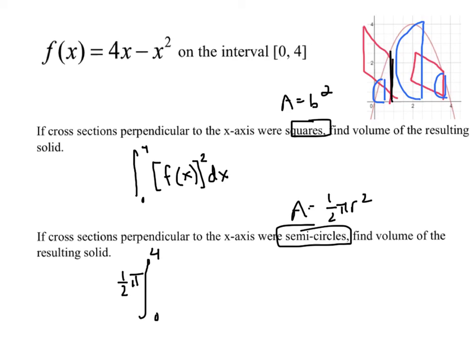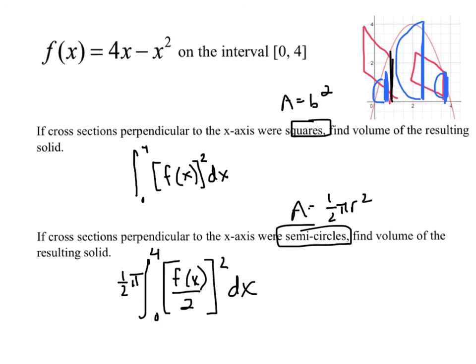The problem is, for a lot of people, they look at this and they say, well, okay, the function. Well, but the function doesn't give us the radius, it gives us the diameter. So we have to take our function and divide it by 2. And that is how we're going to get our radius.